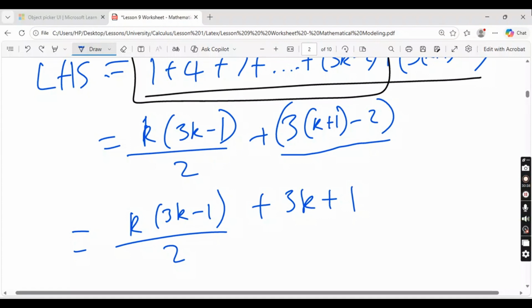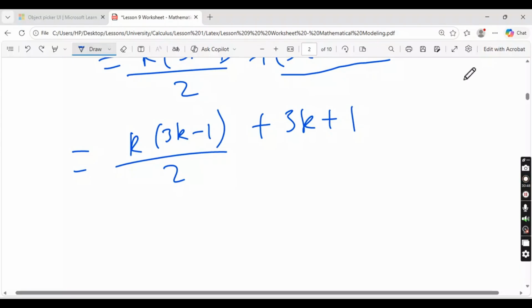It'll be k times 3k minus 1 plus 2 times 3k plus 1, all over 2.